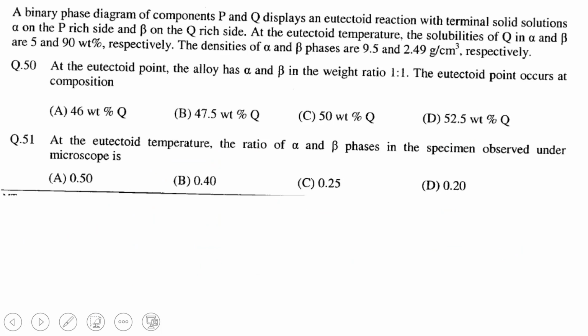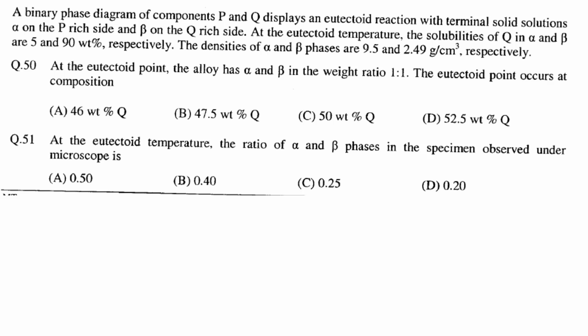Next question. A binary phase diagram of components P and Q displays a eutectoid reaction with terminal solid solutions alpha on the P rich side and beta on the Q rich side. At the eutectoid temperature, the solubilities of Q in alpha and beta are 5 and 98% respectively.